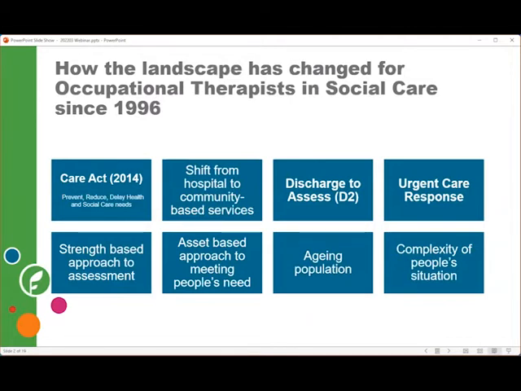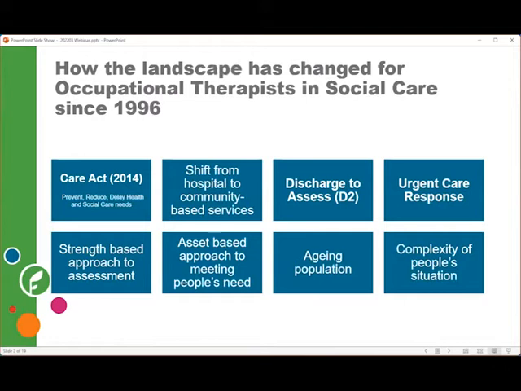The other thing that has happened is many of the assessments that used to happen in hospitals by occupational therapists now have shifted out into the community. So a number of assessments that would have been done in hospitals no longer happen there, rightly so. The hospital's not the right environment to assess somebody in terms of what they're required to keep them independent at home.